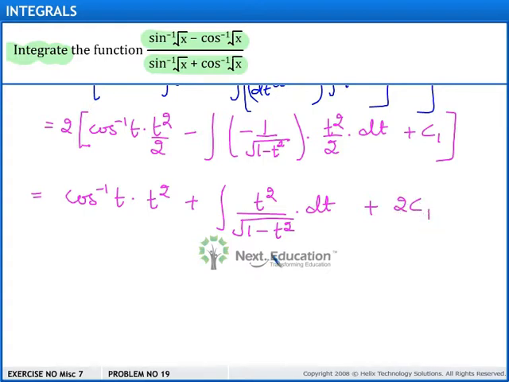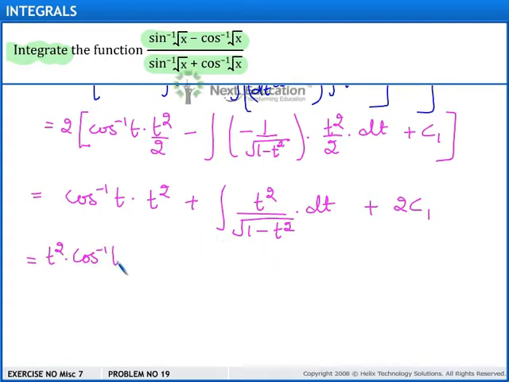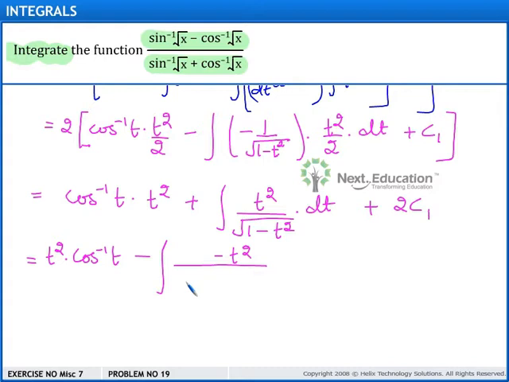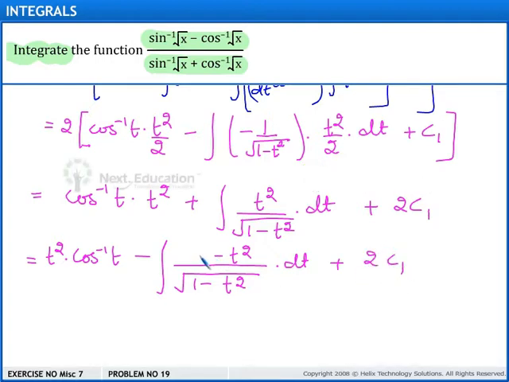This is further equal to t square into cos inverse t. Now this plus can be written as minus of minus t square divided by square root of 1 minus t square into dt plus 2 times the constant, and here adding and subtracting 1 in the numerator.